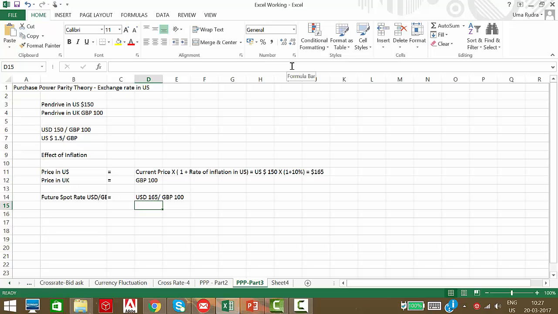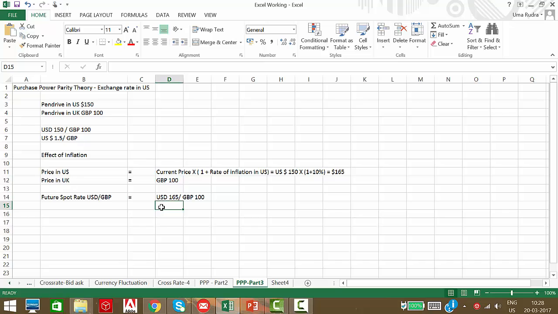So the future spot rate is 165 by 100, so 1.65 US dollars per 1 GBP.